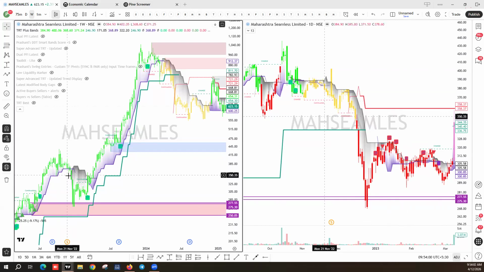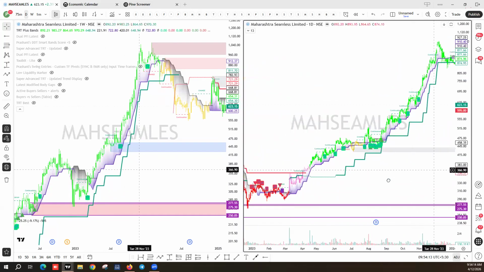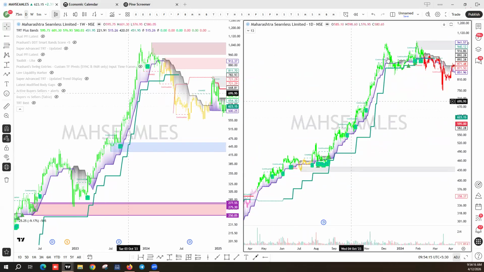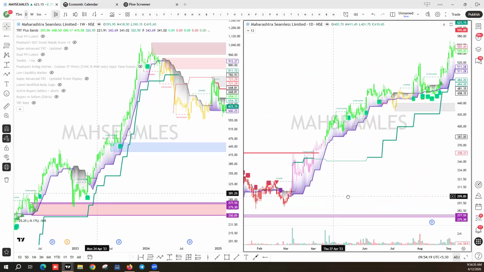Even after this, it came down, went up slightly, came down again. So it halted for many weeks before starting a fresh up move. And you can notice it has gone up nicely. So it will give adequate opportunity later on also.